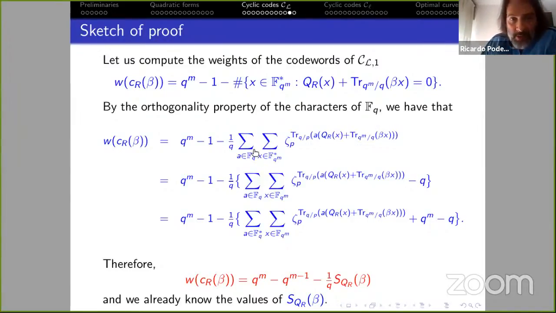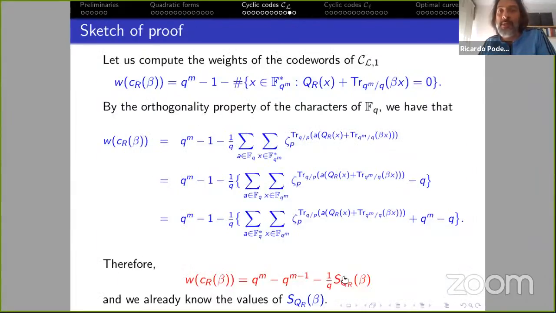So rearranging this summation a little, considering whether X is 0 or not, and taking into account these details, this sum here is what we call S_QR, the exponential sum S_QR. And we know the values of these sums, and putting these values here, we get the weights.